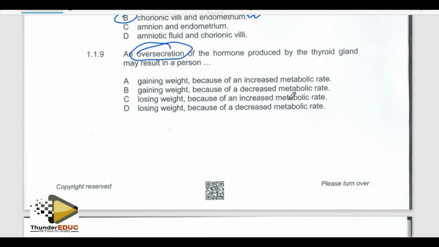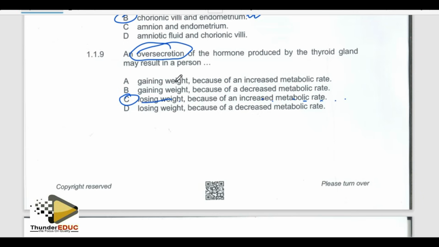So in actual sense, it looks to be oversecretion of thyroxine will result in a person, so we have said that here is going to be weight loss because of increase in the metabolic rate.